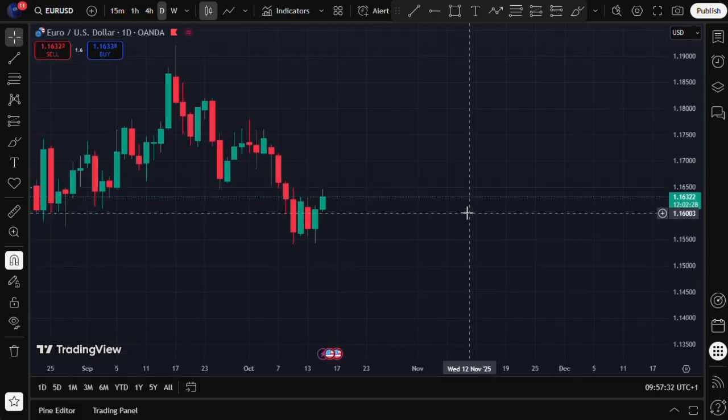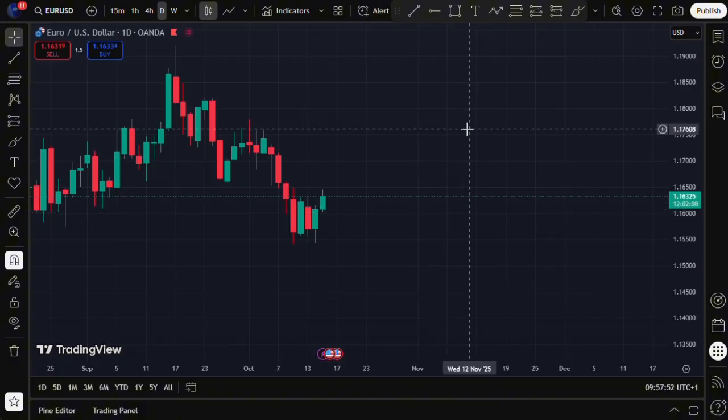So anywhere you see an old high or an old low, that is an example of a liquidity pool. We call it a liquidity pool because above and below those levels there are a lot of pending orders that have not yet been executed.